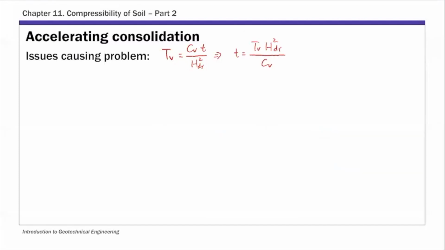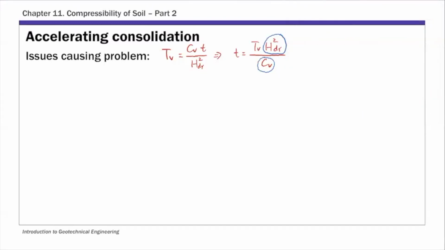So in this expression here, this small time t, I want to highlight two things here. Use a different color here. So one is this H_DR. And the other one is C sub V here.